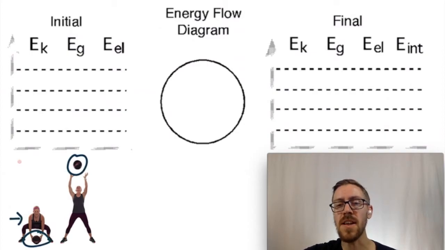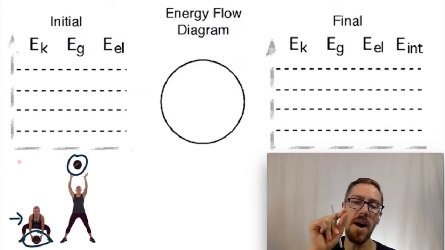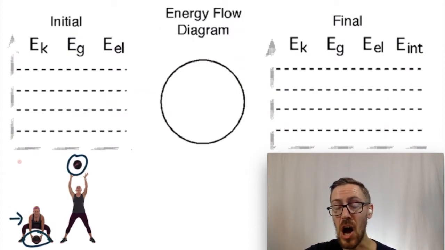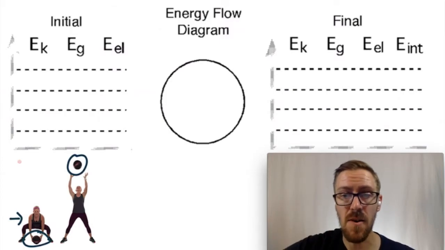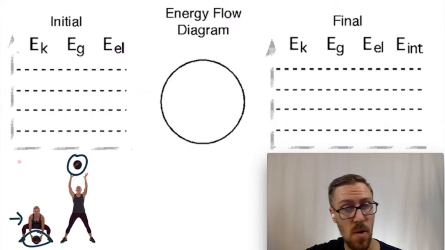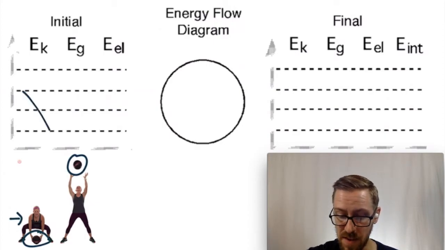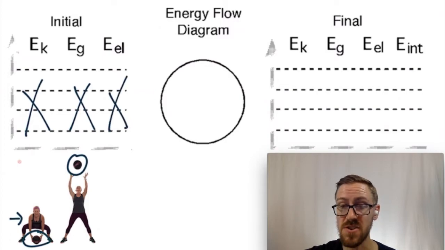Your body is turning a chemical called glucose into energy. And so there's technically chemical energy in the person, but we are looking zoomed in on one item. It's called our system. Our system in this example is just the ball. And so that ball has no energy at the beginning. It's not moving, it's not off the ground, and it's not being stretched or squished. So at the beginning, the ball has no energy.